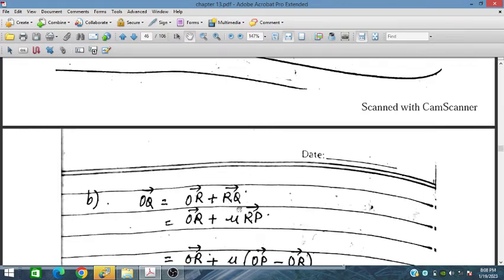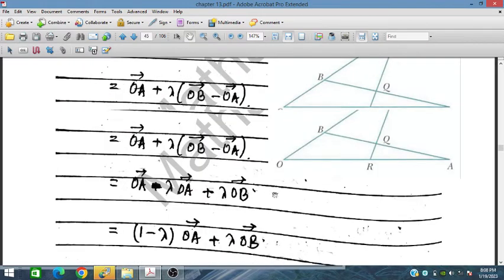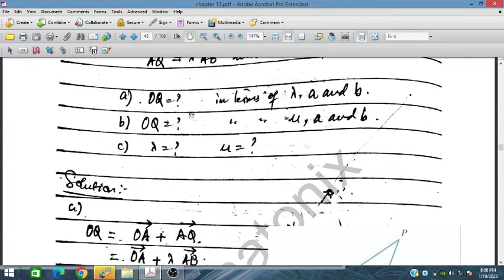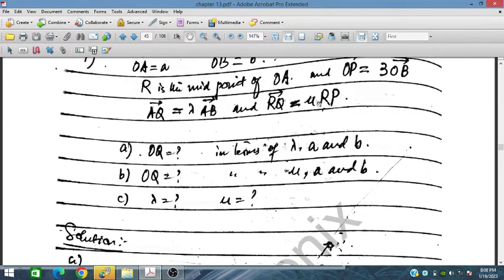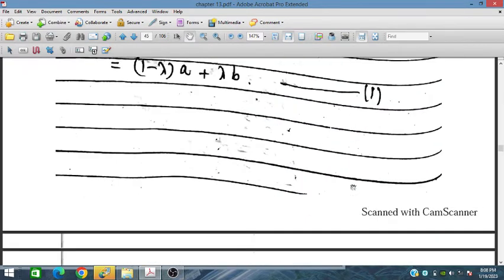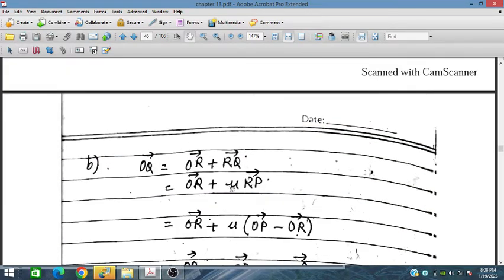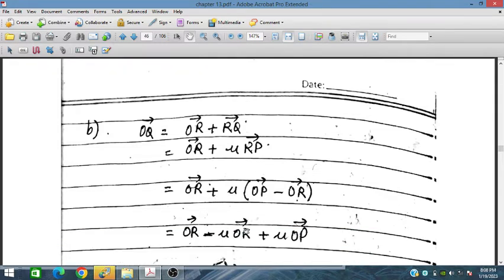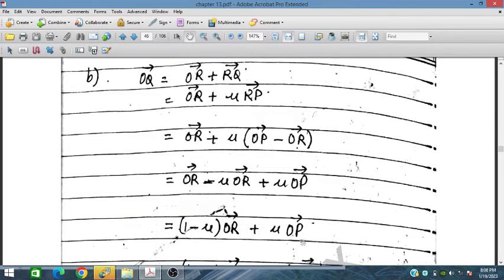RQ can be written as mu times RP, as given in the information. So OR plus mu times RP, and RP is given as OP minus OR. So OR minus mu OR is here, and mu times OP is here.